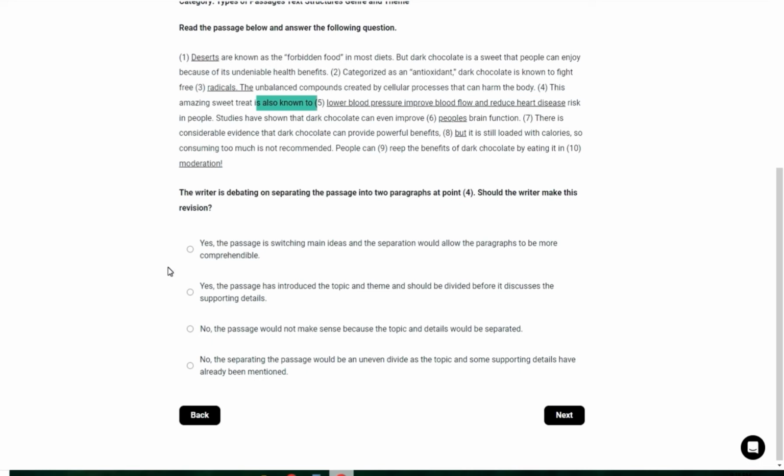So for C and D, no, the passage would not make sense because the topic and details would be separated. Okay, that may make a little bit of sense, okay? But let's read D and see if that's also a better answer. No, separating the passage would be an uneven divide as the topic and some supporting details have already been mentioned. Now that one makes a little bit more sense because separating the passage would be an uneven divide as the topic and some supporting details have already been mentioned.